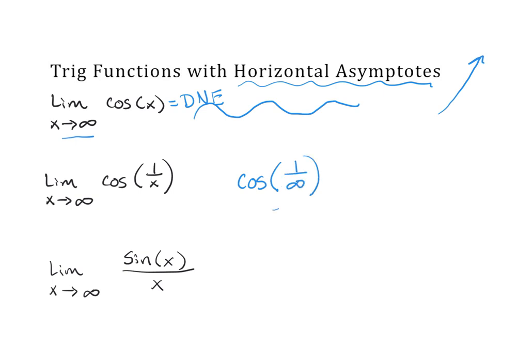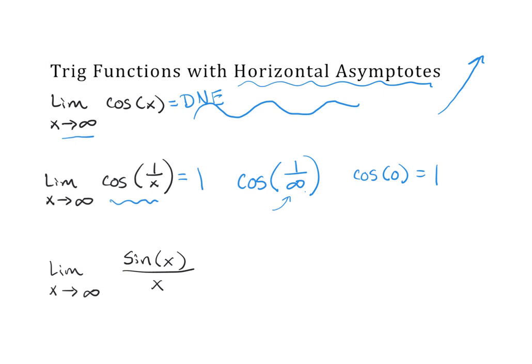You're not really supposed to plug infinity into a function because it is not a numerical value, but I like to do this just when I'm first explaining it so you have that visual. Dividing by infinity, dividing by a very, very large number, is like approaching 0. So what is cosine of 0? Cosine of 0 is 1. So this function actually has a horizontal asymptote of 1. So the limit as x approaches infinity, the y value approaches 1.